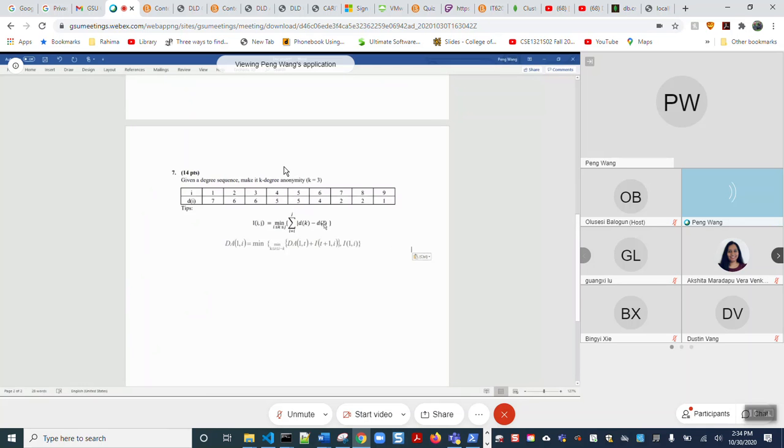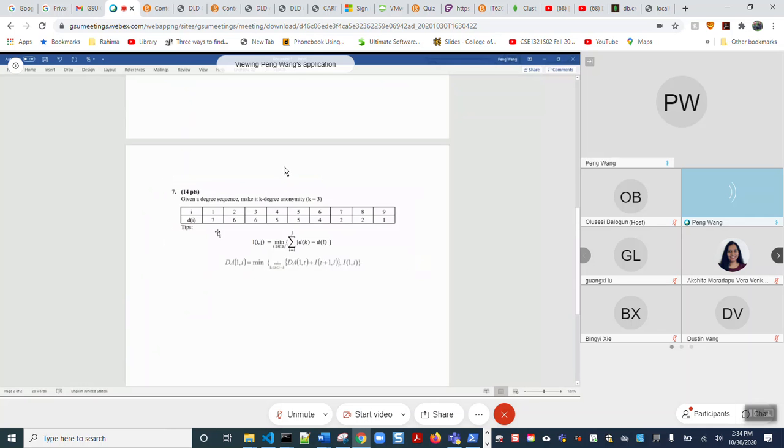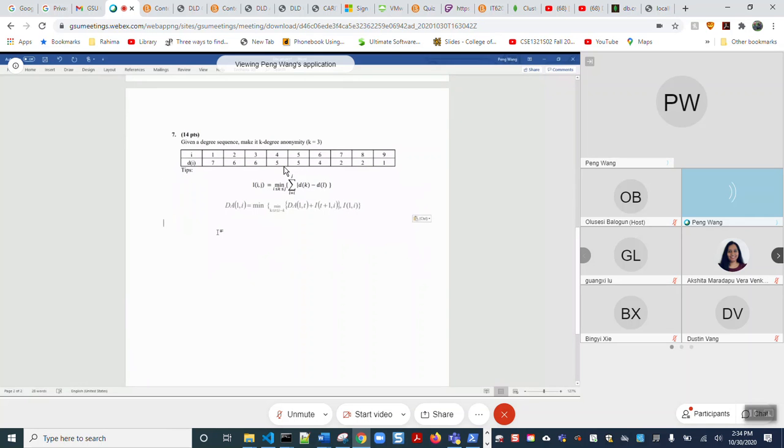For the last question, we are asked to make this degree sequence k-degree anonymous, where k equals 3.